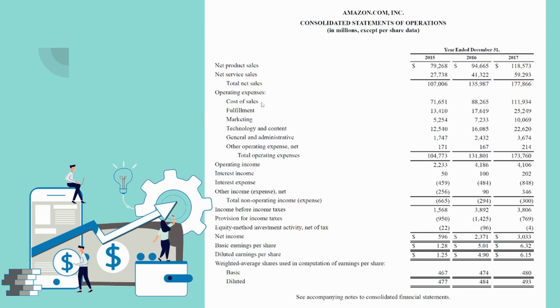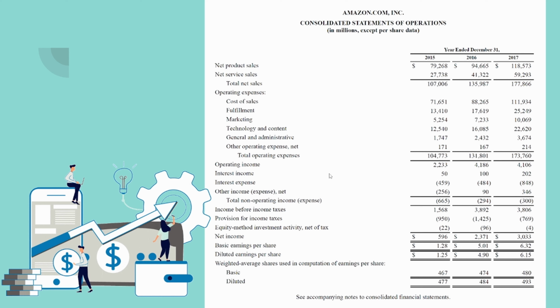So like that, after deducting all these line items, we get the total operating expense. After that we will get the operating income. The total operating income for the year 2015 was 2,233 million US dollars, and in the year 2017 it was 4,106 million US dollars.